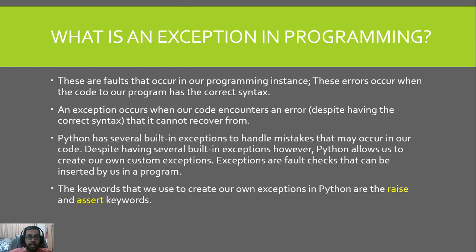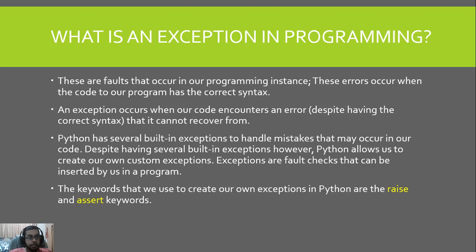What is an exception in programming? These are faults that occur in our programming instance. These errors occur when the code to our program has the correct syntax. An exception occurs when our code encounters an error despite having the correct syntax that it cannot recover from.